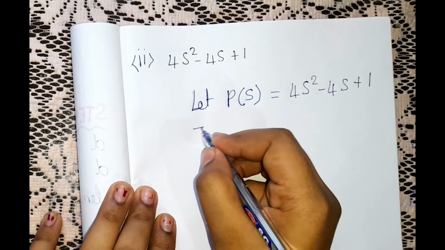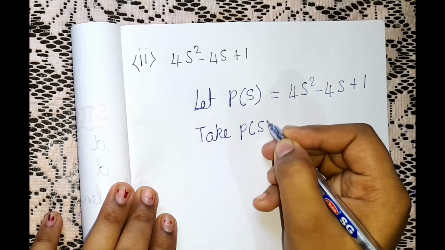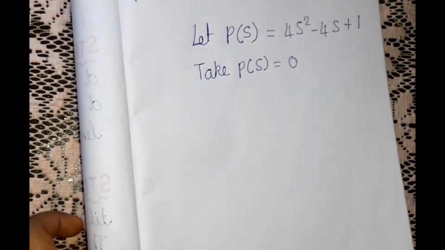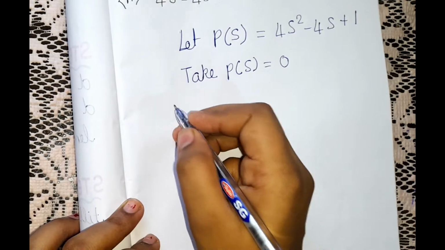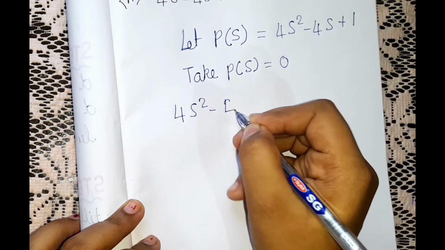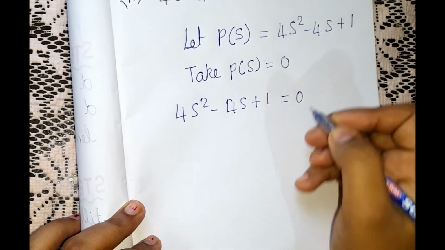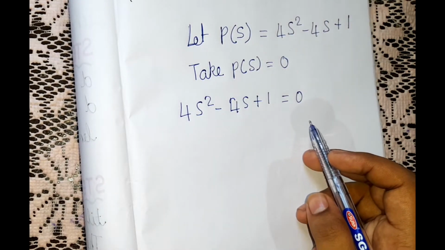Now take p of s equal to 0. So we took p of s equal to 0, and now let us write the question as it is, 4s square minus 4s plus 1 is equal to 0.